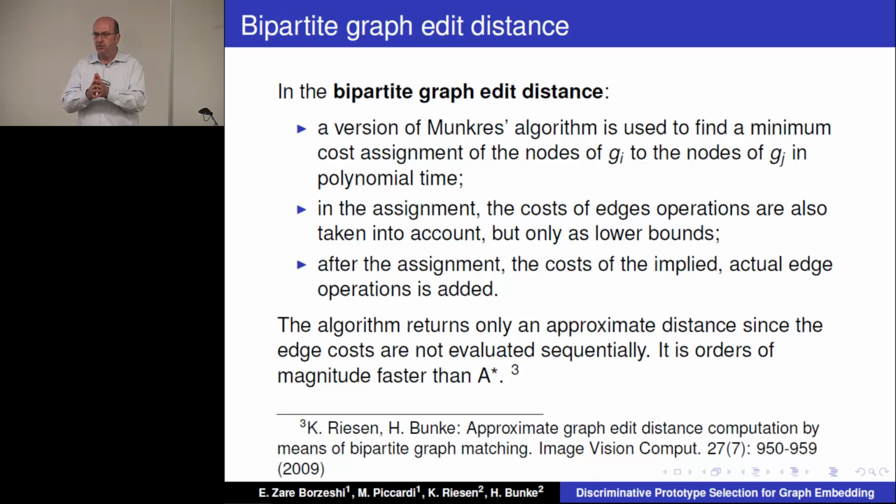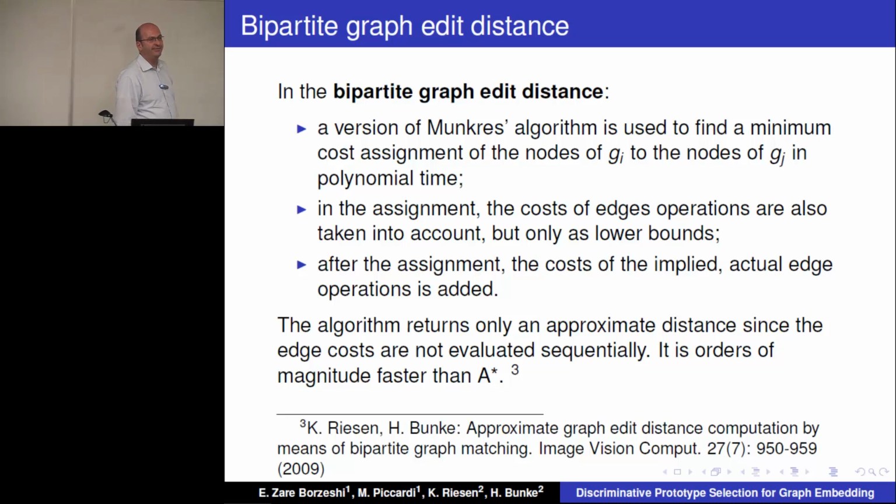This algorithm performs the assignment in one go. And in terms of speed, reading that paper, you'll find it is 50 to 100 times faster than A star on all the tested data sets. So basically, the take-home message is that this type of relaxation makes edit distance computable over graphs of typically larger size. How large, that depends on a number of things.